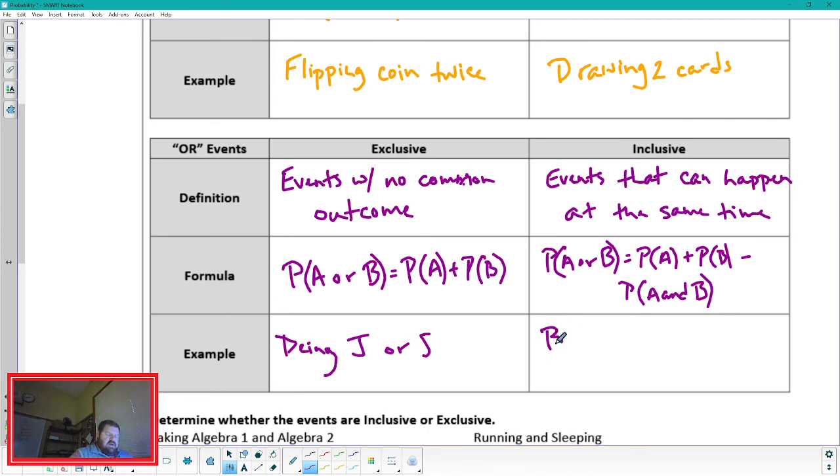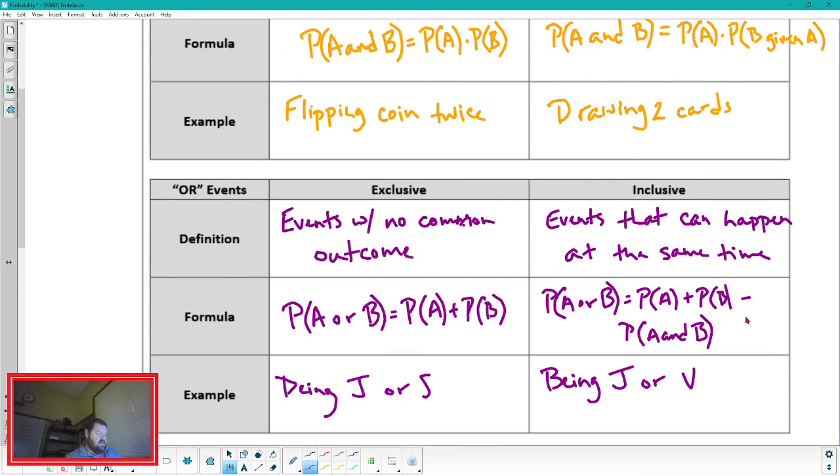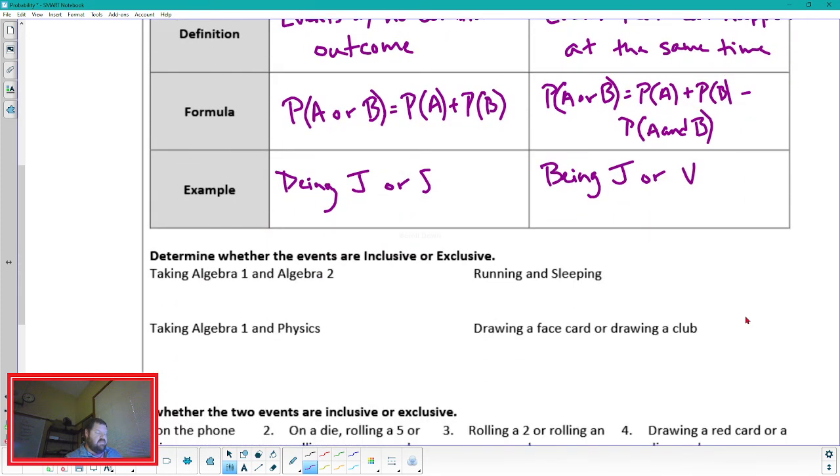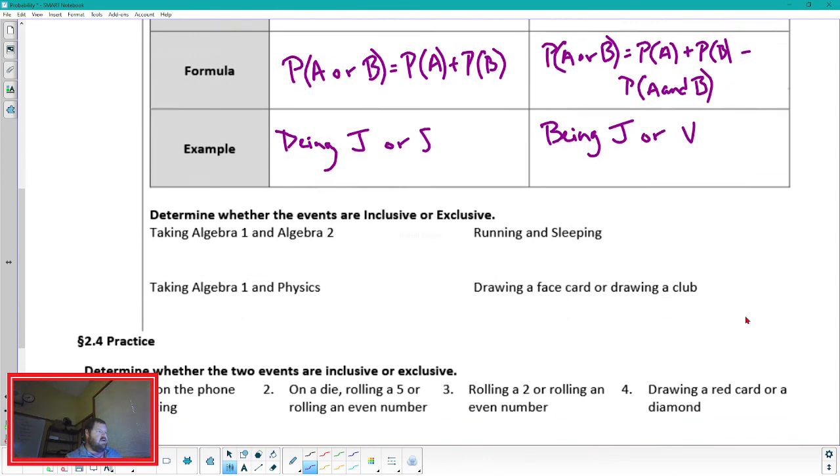Inclusive, we said being a junior or a vehicle owner. Okay. Sorry, but I need to use the shorthand there. If you want to write those out, that probably wouldn't be a bad call.